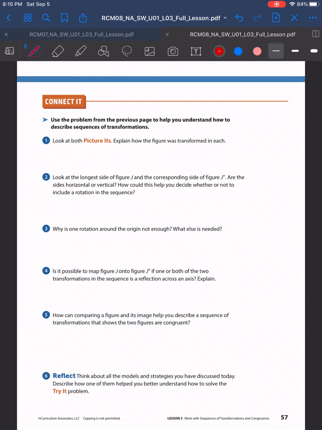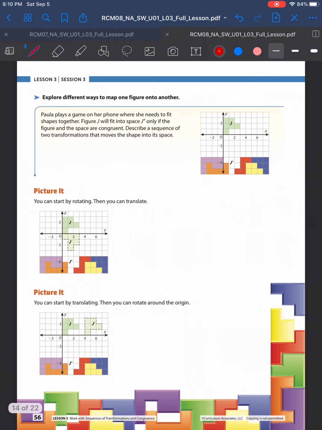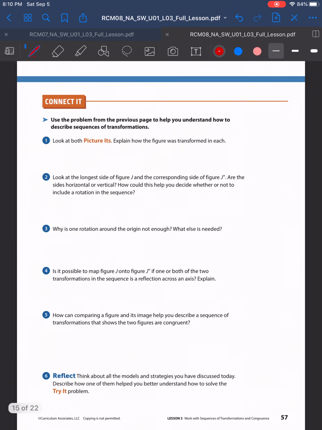Okay, so let's go ahead and work on some of the questions. Look at both of the picture-its. Explain how the figure was transformed in each. So we're going to do picture-it number 1 and picture-it number 2. Let's explain number 1.